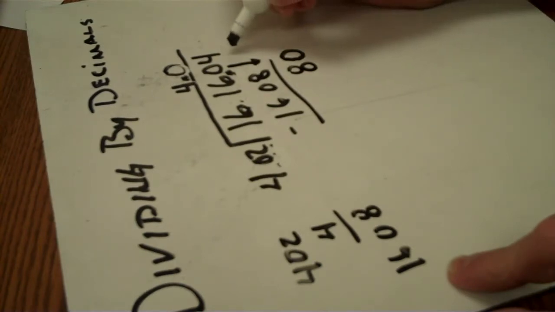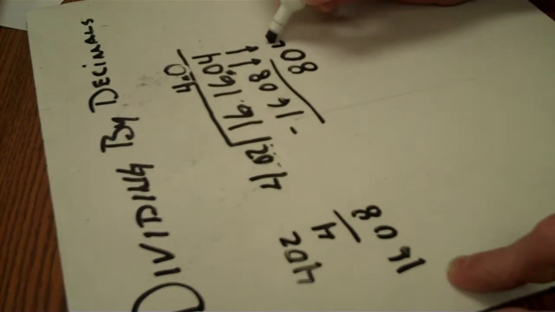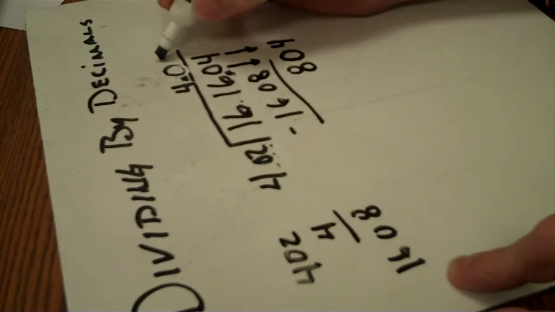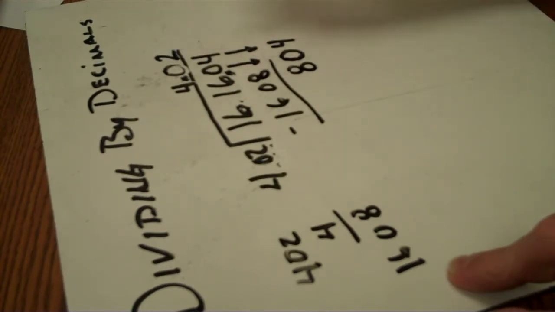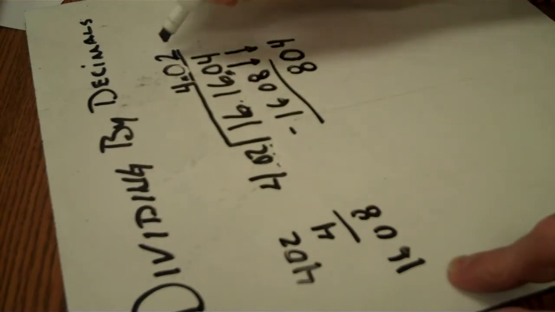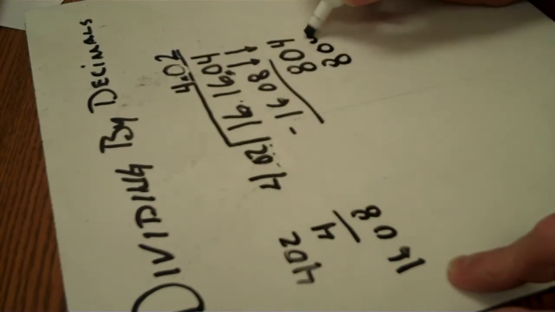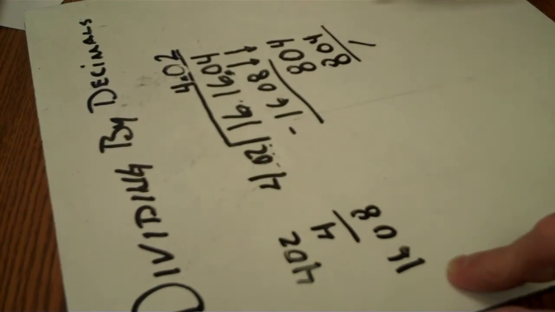Okay? So now I'm ready to bring down the 4. How many times will 402 go into 804? It'll go 2 times. Okay? So 2 times 402 is 804, and I'm done.